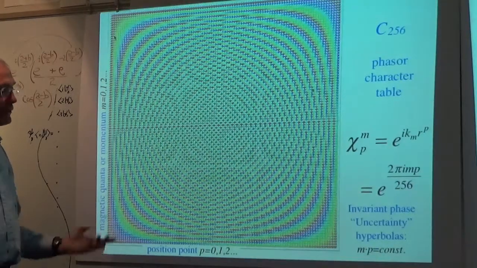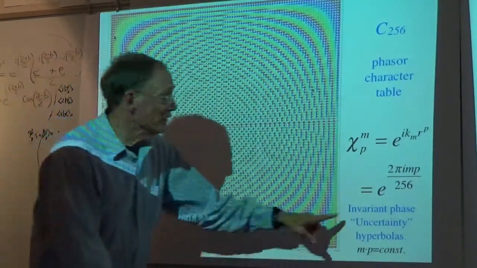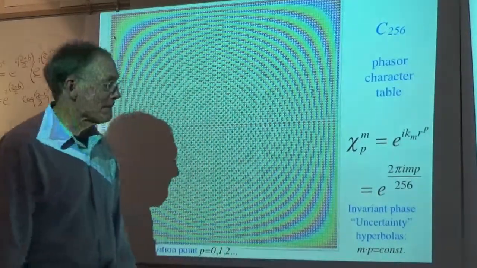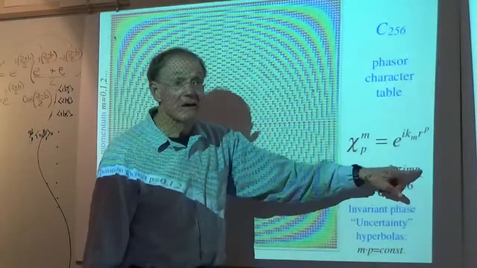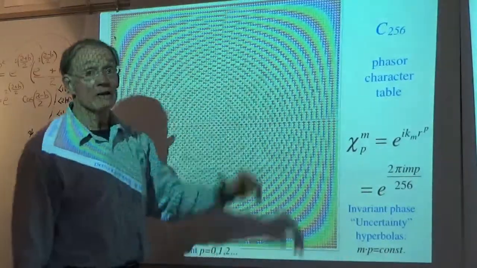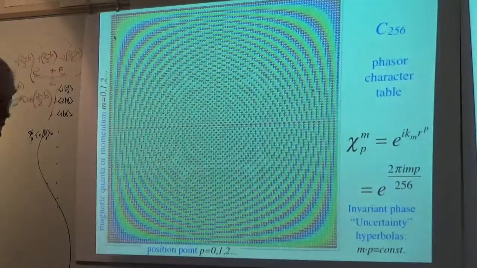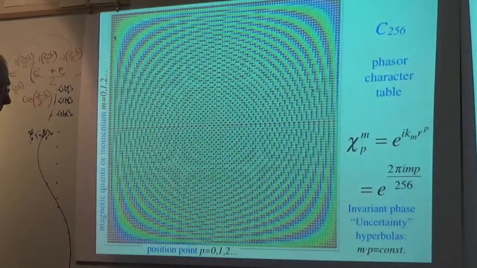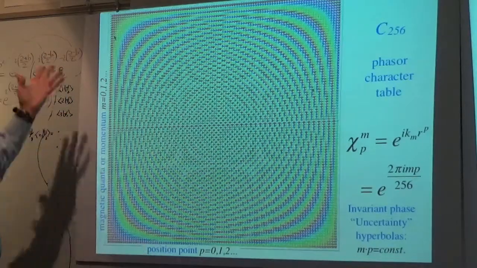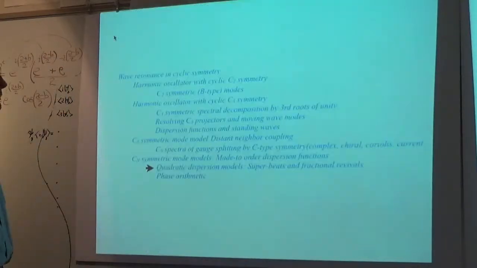But that's an interesting thing. Anyway, you're seeing the uncertainty hyperbolas. MP equal constant. MP equal constant, right? That makes a hyperbola, equilateral hyperbola in the corners. Interesting. Okay? Position space versus momentum space is what your Fourier transform does.